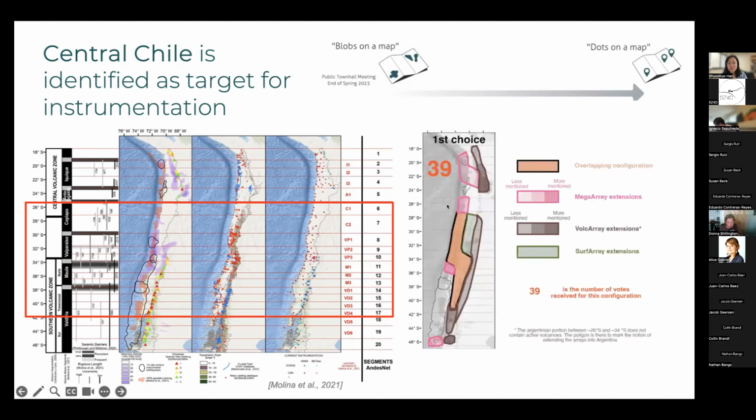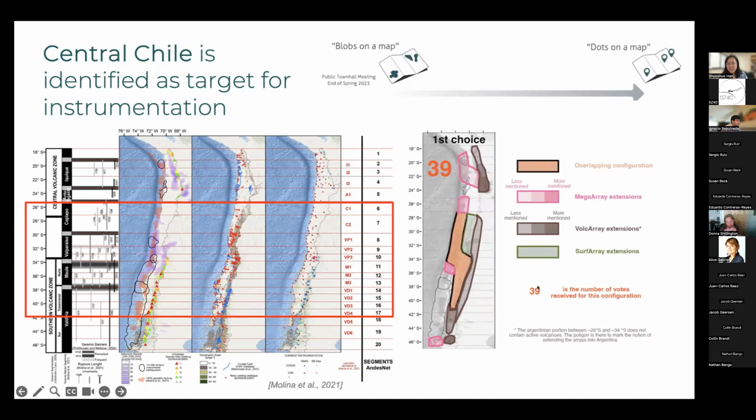Then in June, AndesNet held a meeting and voted to set this orange S-shaped region as a primary region for instrumentation.